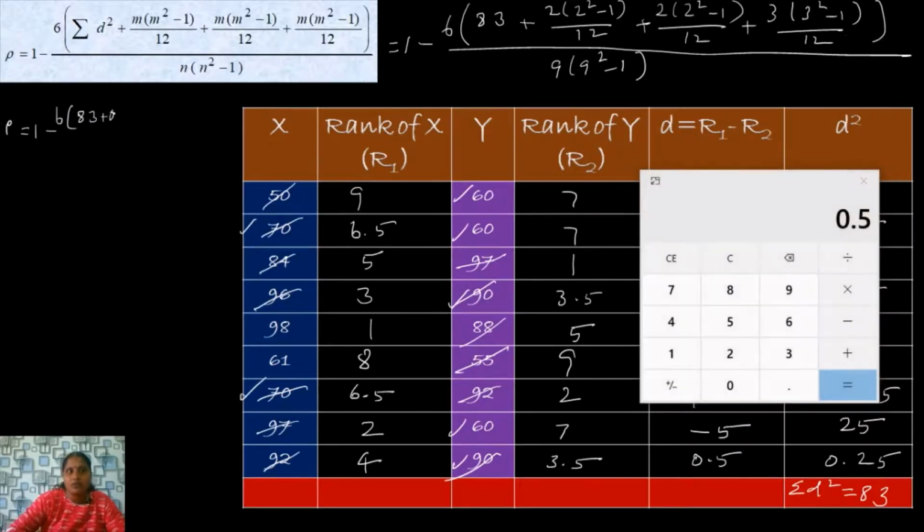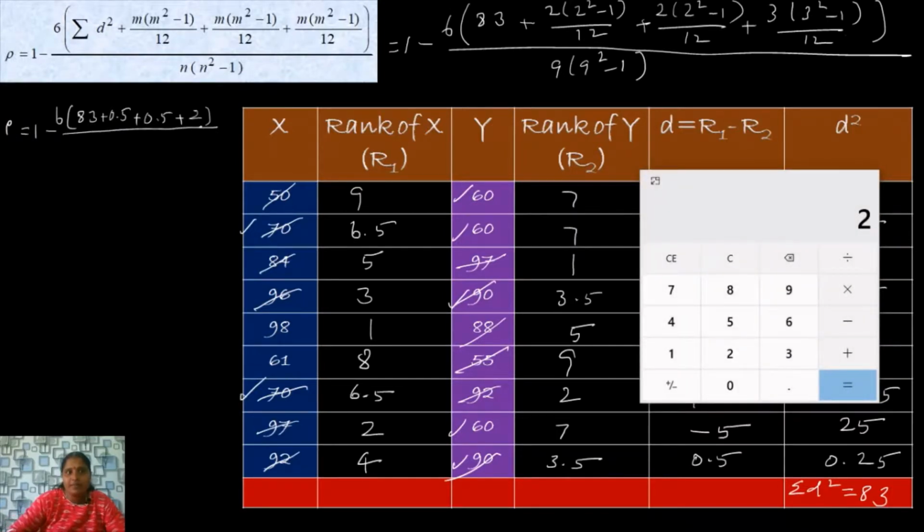So 0.5 plus again the same ratio here itself we have, so 0.5. Here 3 square minus 1 over 12: 3 square is 9 minus 1 is 8, 8 threes are 24, and dividing this by 12 you get 2.